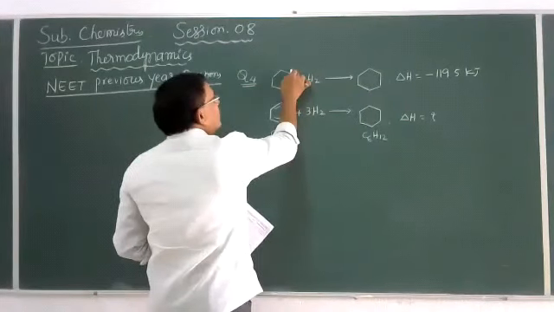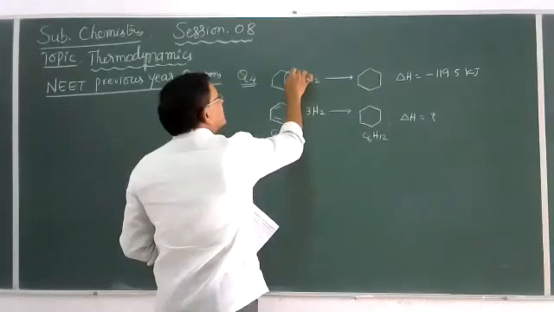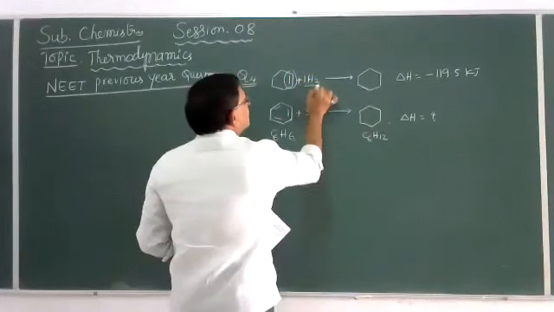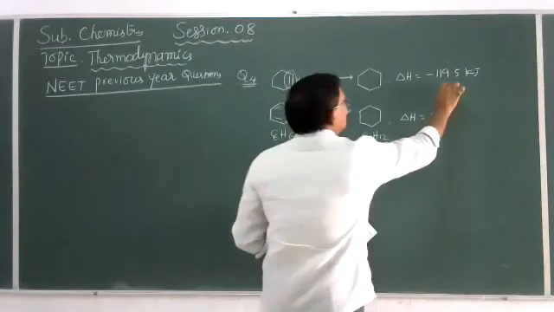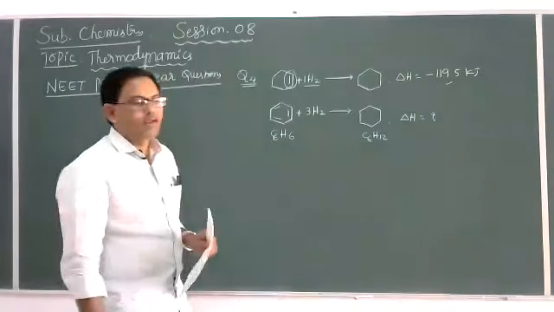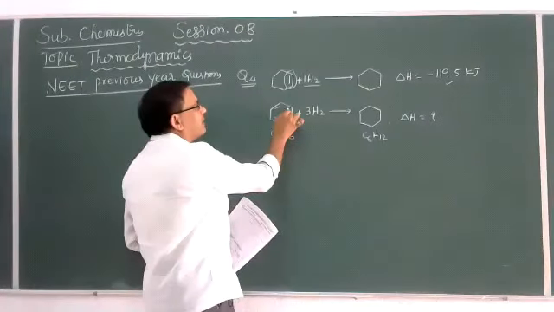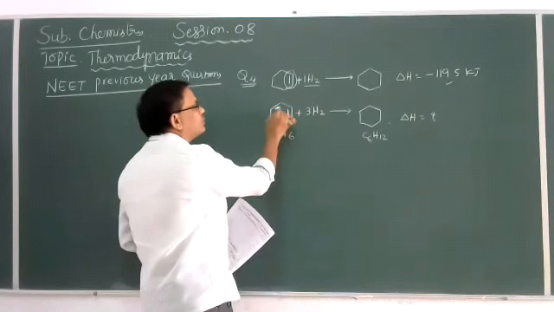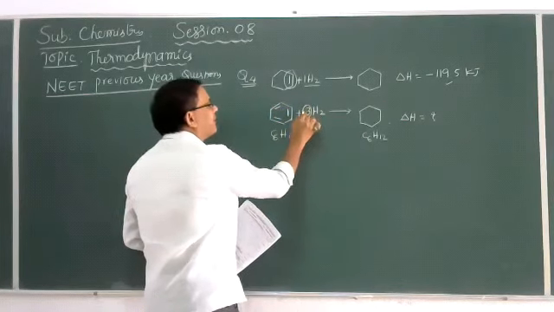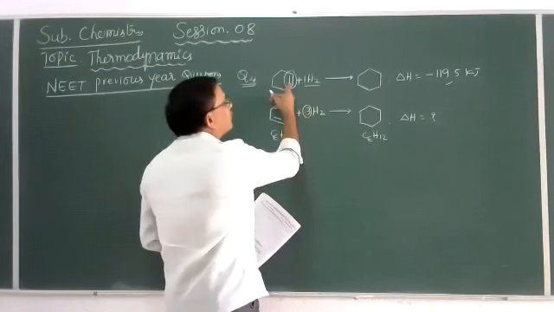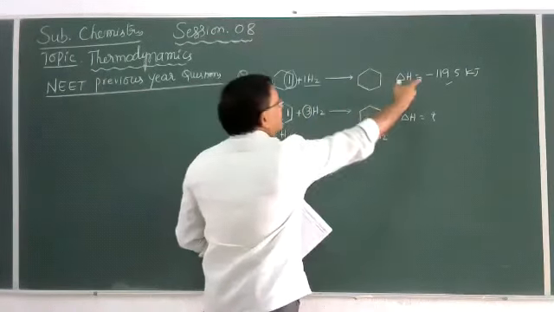Now here 1 mole of double bond is converted into a single bond. 1 mole of hydrogen molecule is required, and this much amount of energy is released. But here 3 double bonds are there: 1, 2, 3. So 3 moles of hydrogen molecules are required. For 1 mole double bond to single bond, that much.